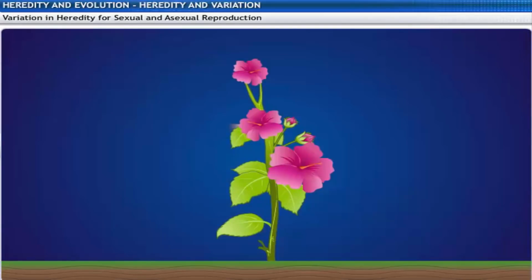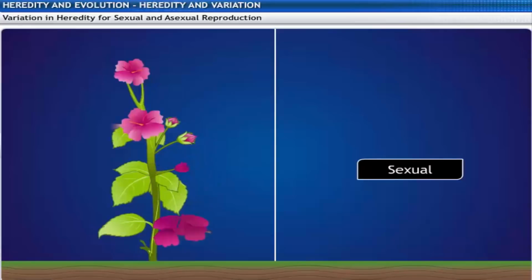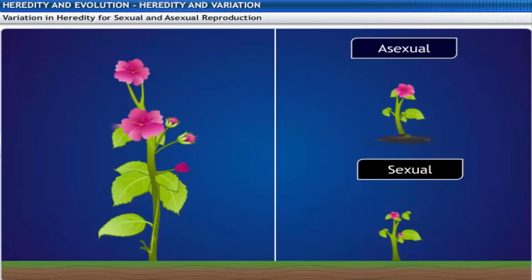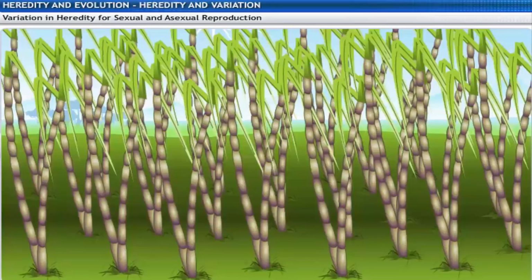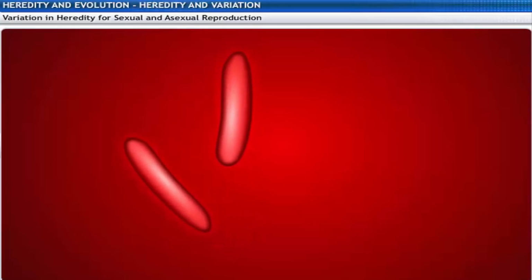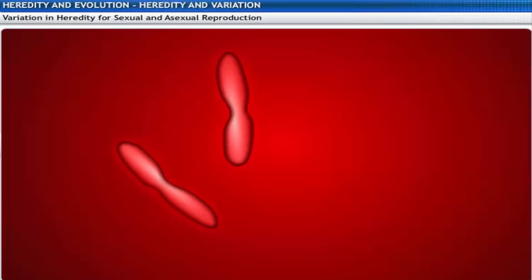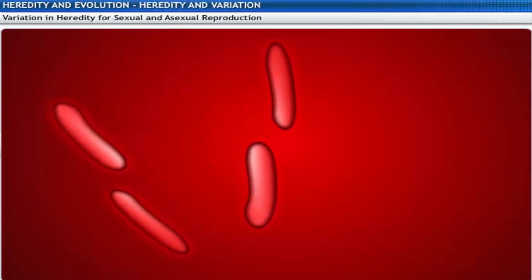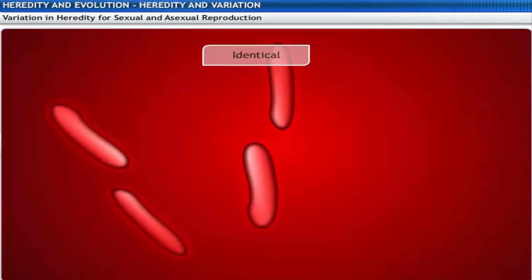Variations in heredity occur during sexual as well as asexual reproduction. Let's look at a few examples. When we observe a field of sugarcane, we hardly find variations among the individual plants. A bacterium divides into 2 bacteria, and the resultant 2 bacteria redivide to generate 4 bacteria.